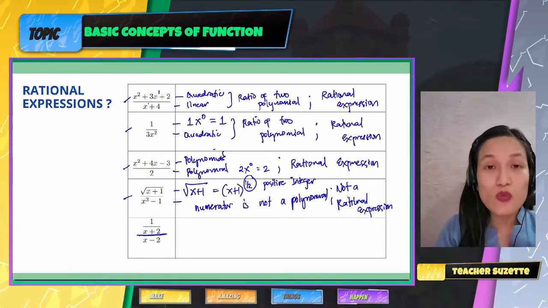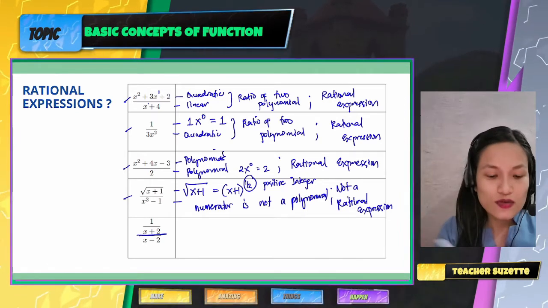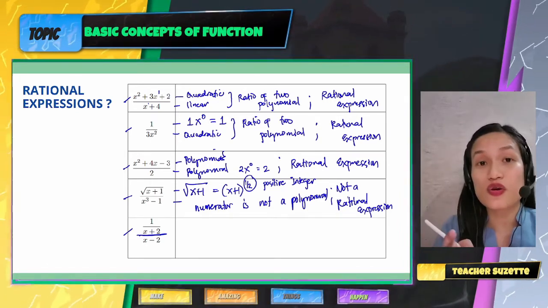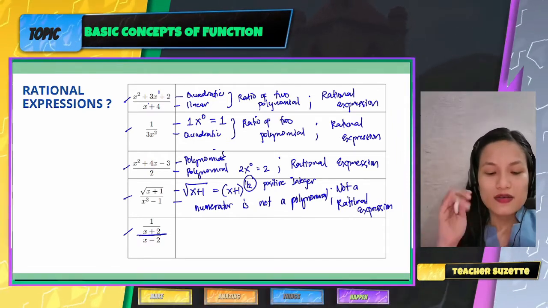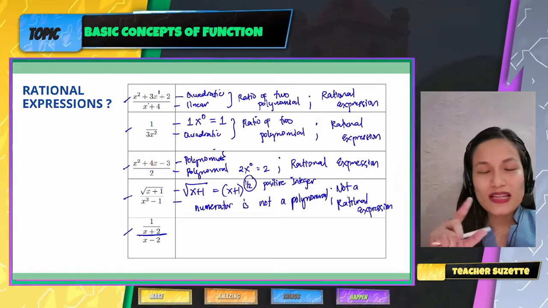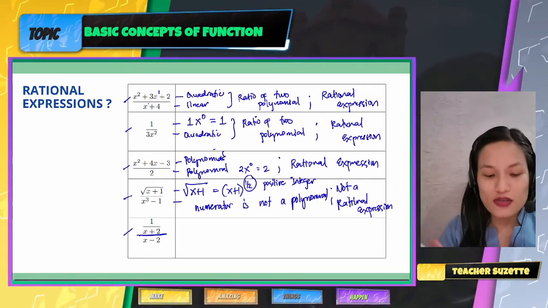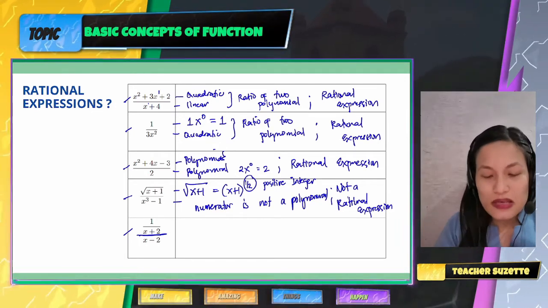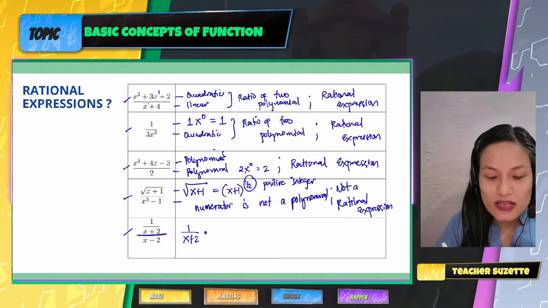So, if you have 1 over x plus 2 all over x minus 2, so for us to examine this one, remember the rational expression should be a ratio of two polynomials. So, simplify muna natin itong ating complex fraction. You can express this one as 1 over x plus 2 divided by x minus 2.